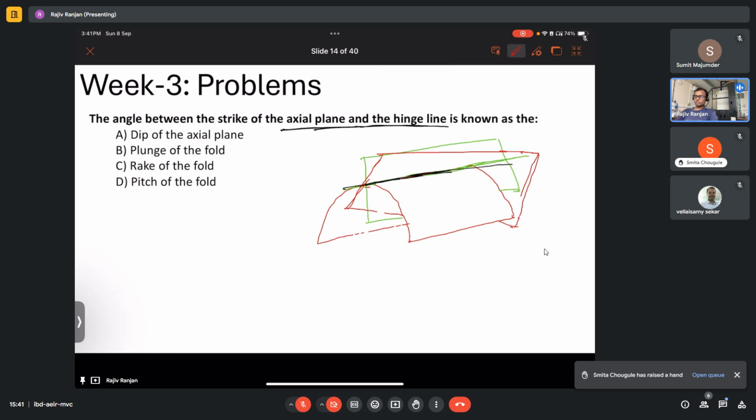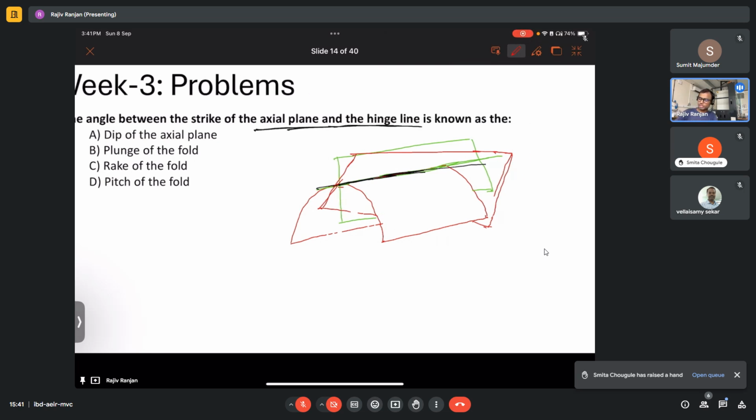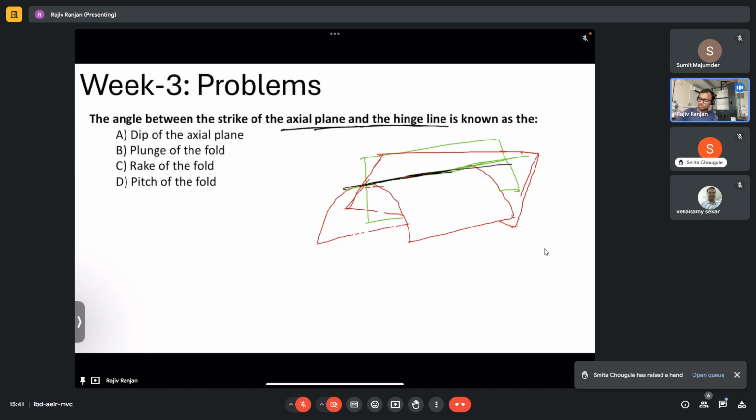So the trace, the strike of this axial plane will be... this is the angle that we are talking about, this theta. So what is this called? Dip is incorrect, plunge is incorrect, so either rake or pitch. There are two important terms, rake and pitch.